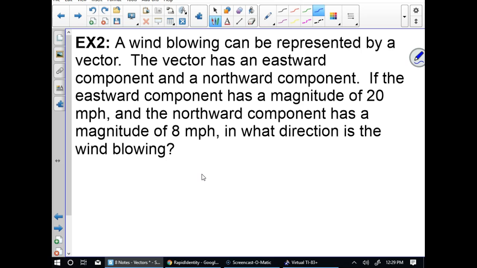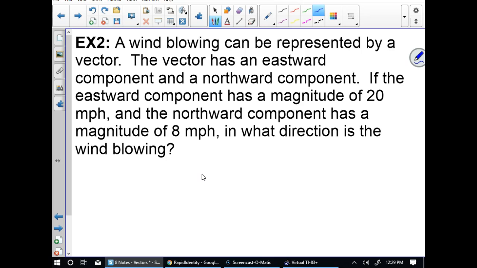You can also think of it, although it's not quite what's happening here, like you have a fan that is blowing eastward at 20 miles per hour, and another fan that blows 8 miles per hour northward. You want to see whenever those two cross what direction the wind takes off in, right? I think that's kind of easier to think of if we were creating this situation.